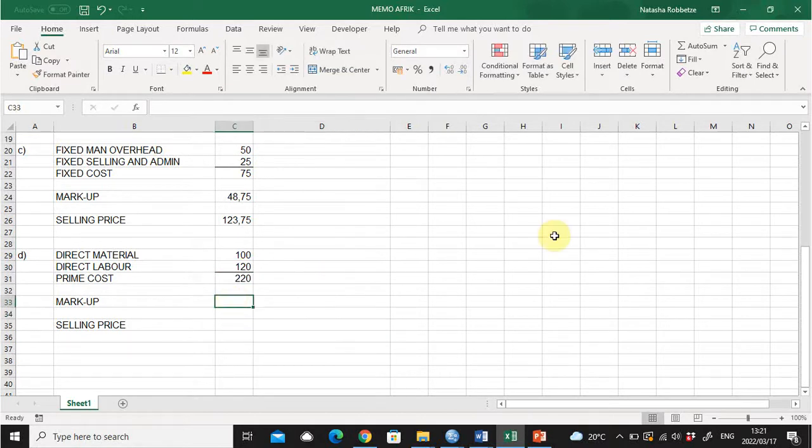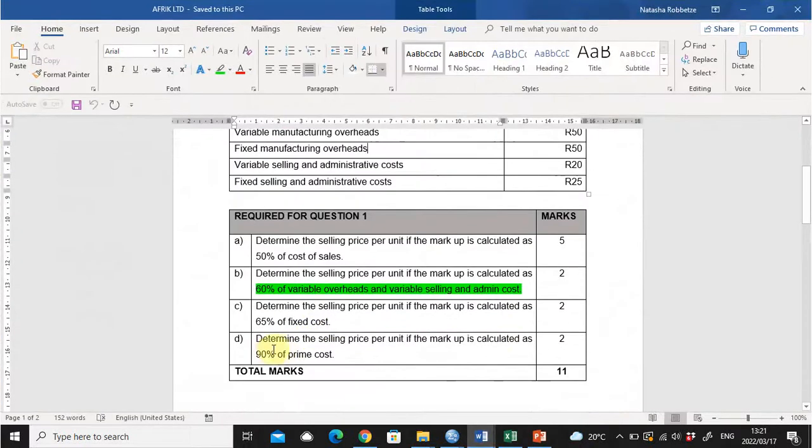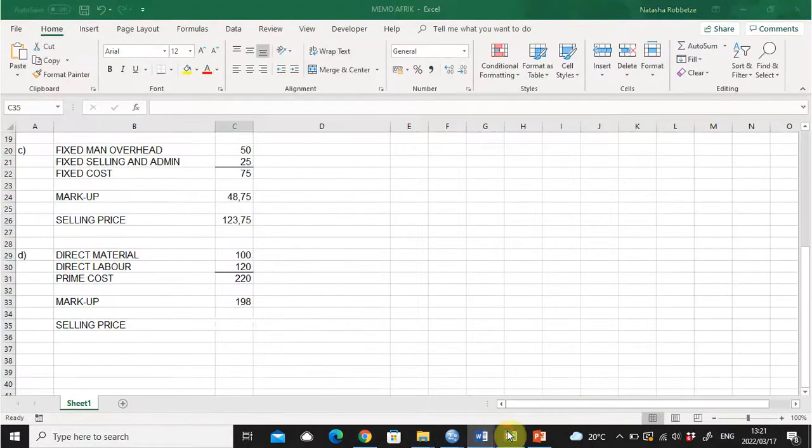The markup is 90%, so it's 220 at 90%. And then just again, it's 90% of the prime cost. So we're going to add these two together, the prime cost plus the markup.